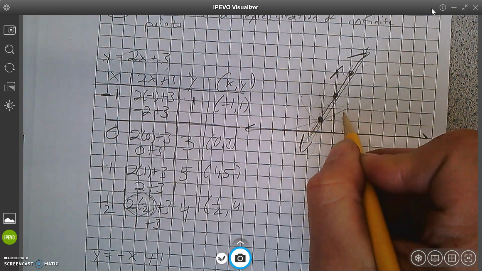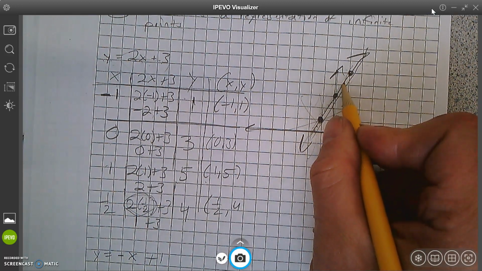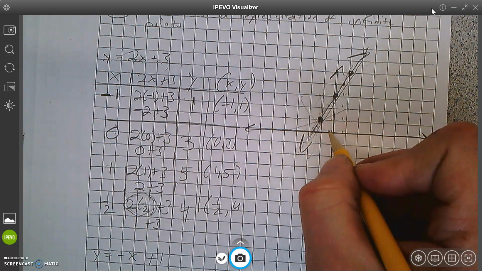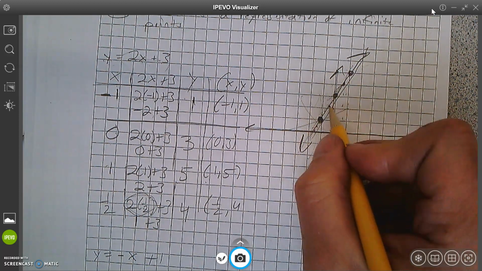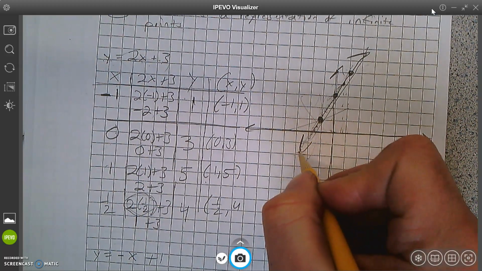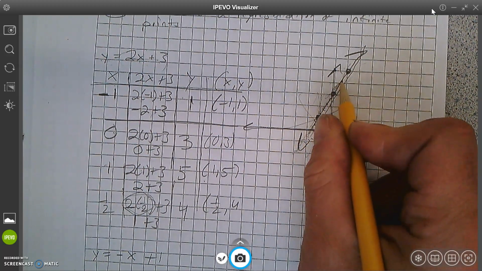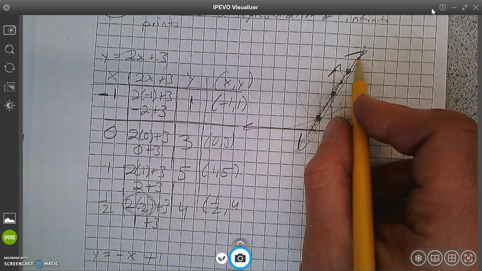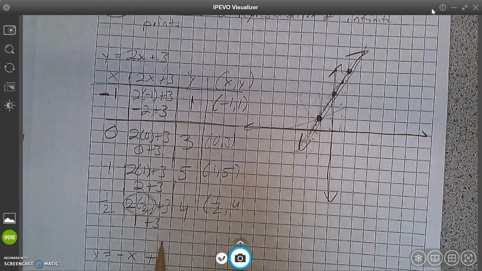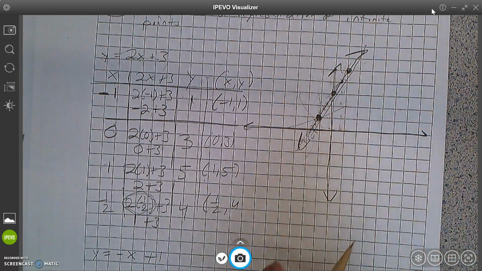So 1/2, 1, 2, 3. Oh, it's right there on the line, huh? So all of these are also solutions I put in. It could be a half, could be a third, could be 0.6, could be 1.5, could be 1.84, whatever it is. So there's an infinite amount of points on this line.